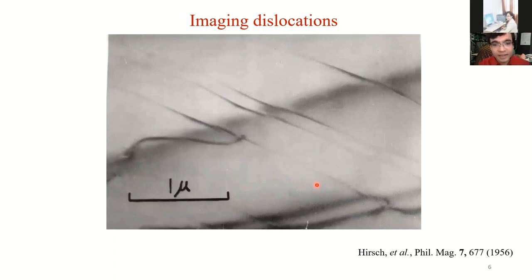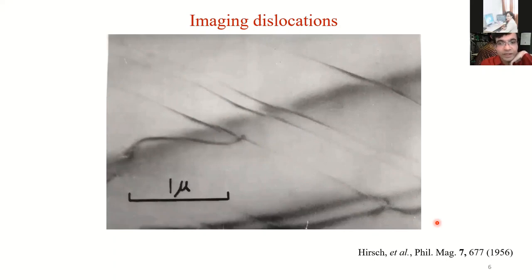Here you can see this aluminum thin foil, and it has dislocations. You can see these dark lines here. So the beginning of the application of TEM in the materials field was started by Peter Hirsch in the 50s.